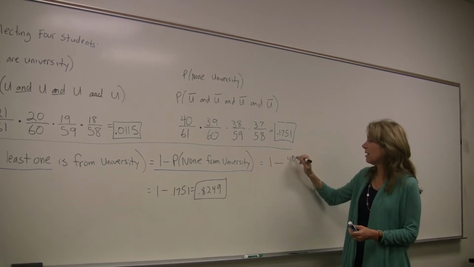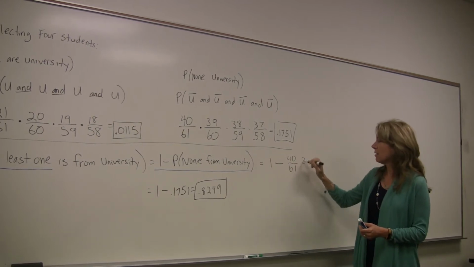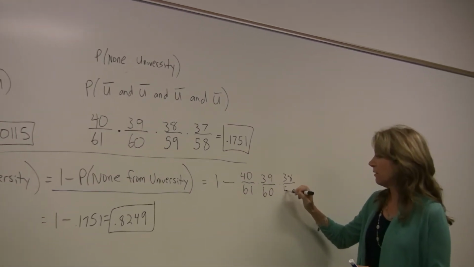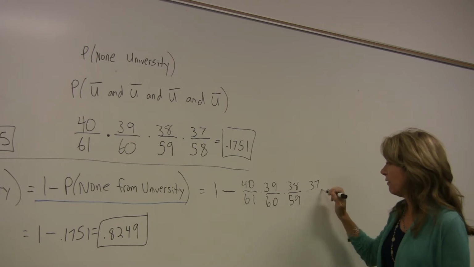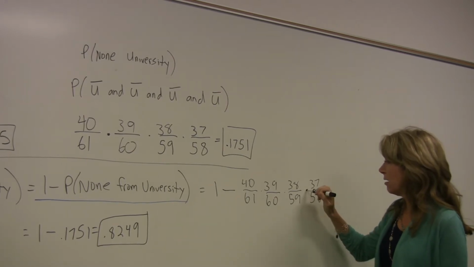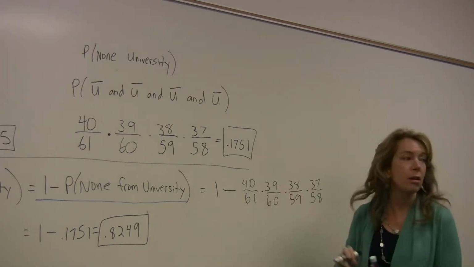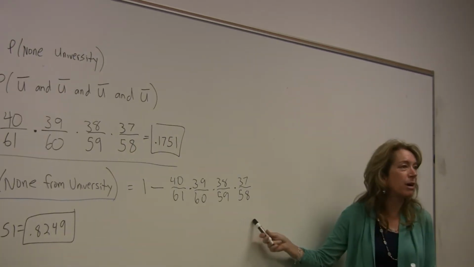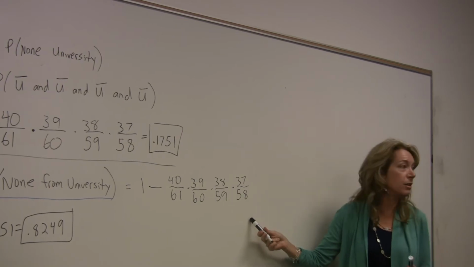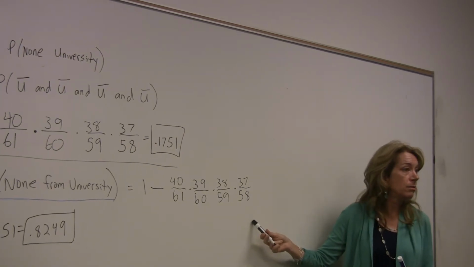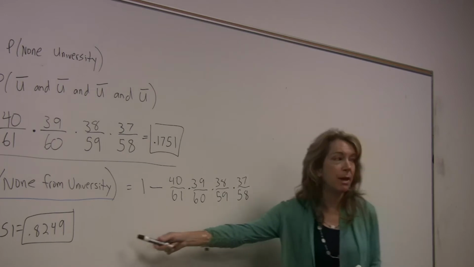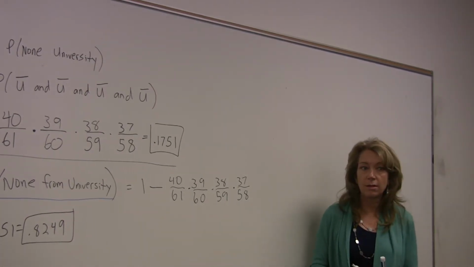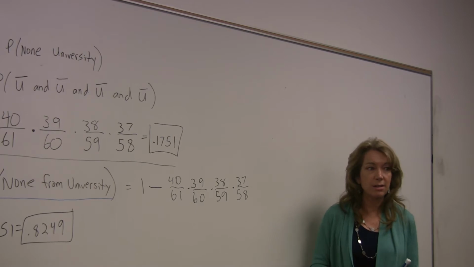I would have had to put the 40 over 61, 39 over 60, 38 over 59, and the 37 over 58. So this is 1 minus, and then I would have had to figure out the probability of none if I hadn't already asked us to do that. And then this would give us the same answer. Questions?